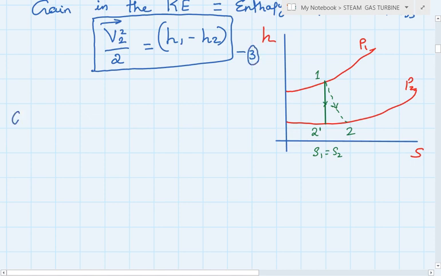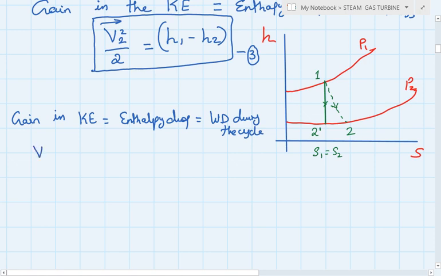Now, the given kinetic energy is equal to the enthalpy drop, which is equal to the work done during the cycle. So V2 square by 2 equals H1 minus H2, which again equals the work done by the cycle.